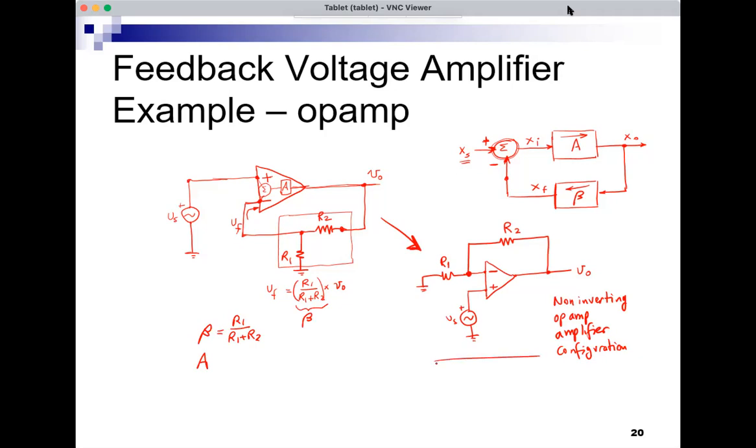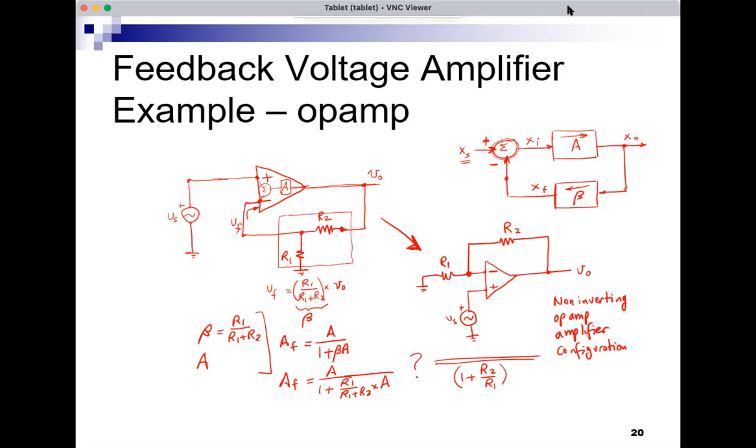I know what is the gain of this. It's 1 plus R2 over R1. This is a well-known result. So feedback will tell me that AF in this case is A over 1 plus beta A. Okay, so A over 1 plus beta, R1 over R1 plus R2, times A. So this is AF. But this is not the same as 1 plus R2 over R1.